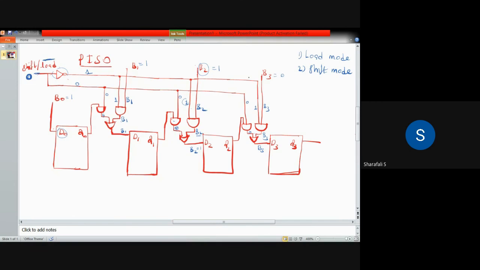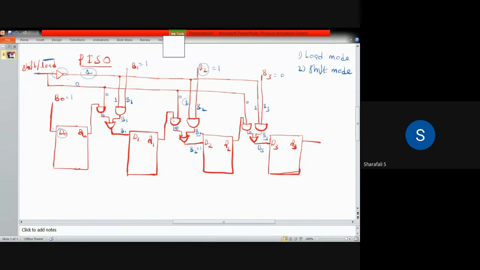Okay, so in this time the load is active because this line is 1. There is no shifting happening, but the input is loaded into each of these flip-flops. Then after that, shifting happens when this line becomes 1.